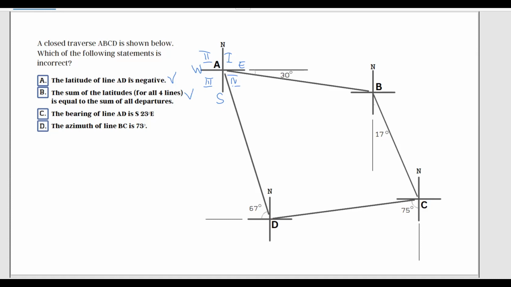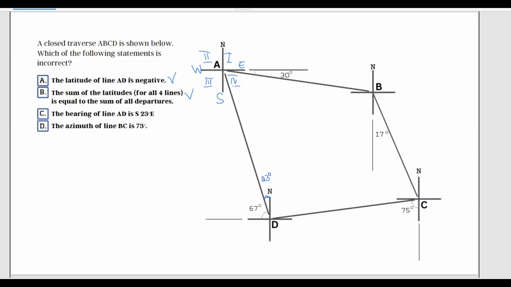Next, let's see. The bearing of line AD is south 23 east. Again, we're going to address AD. We know it is in the southeast quadrant. This angle here is 67, which means that this angle is 90 minus 67, which is 23 degrees.